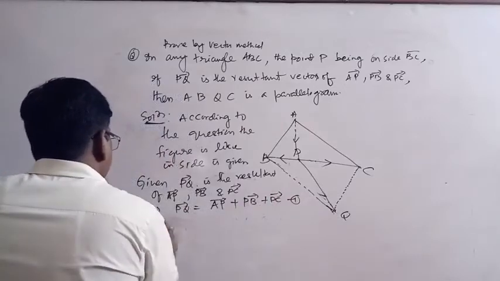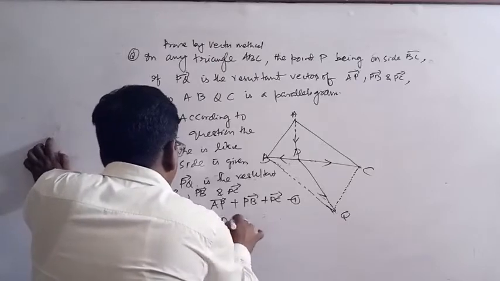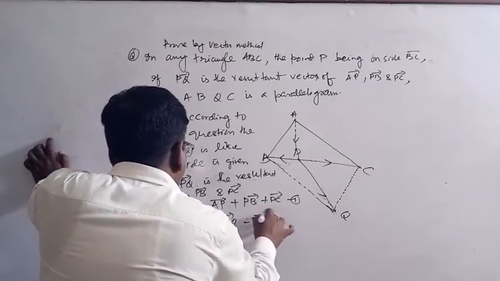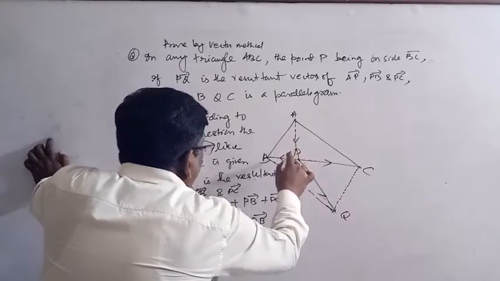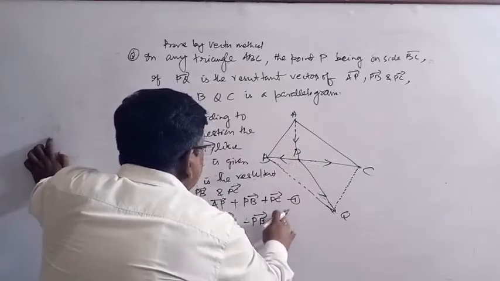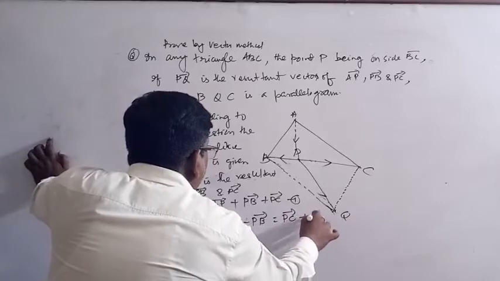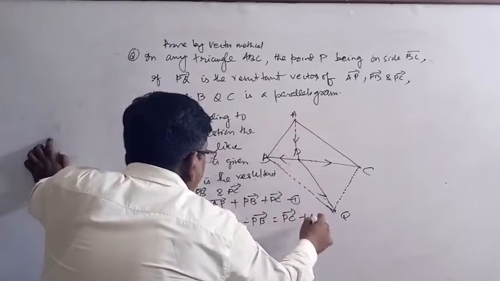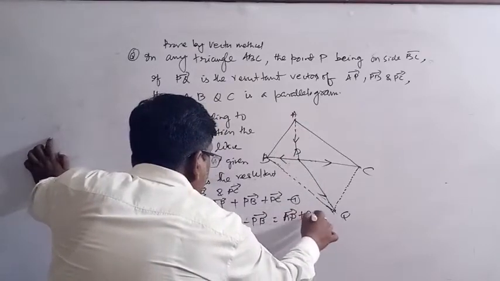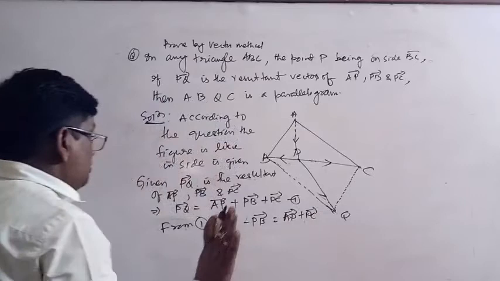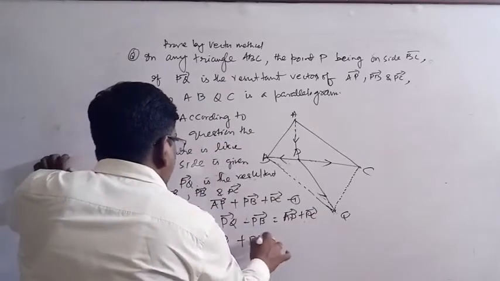From 1, PQ vector minus PB vector is equal to AP plus PC. So this can be written as PQ vector plus BP vector equals AP vector plus PC vector.